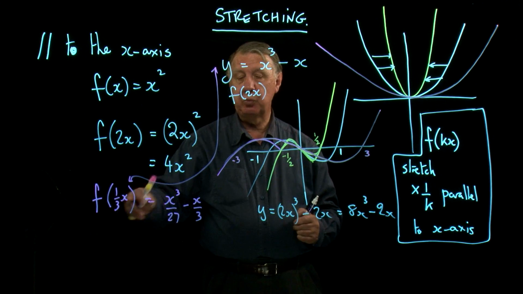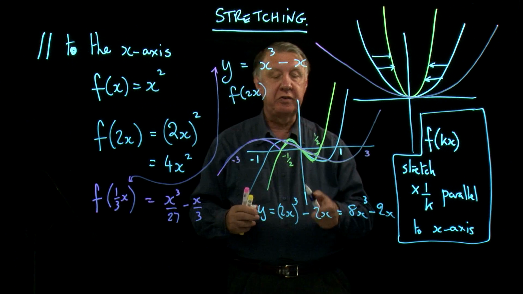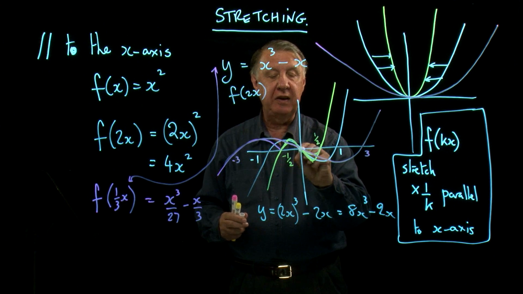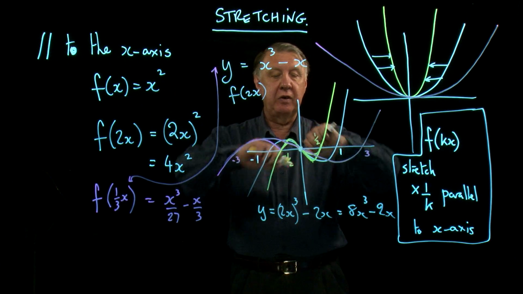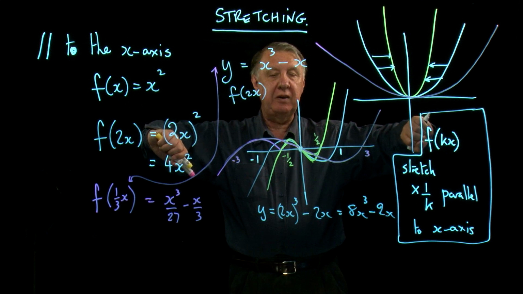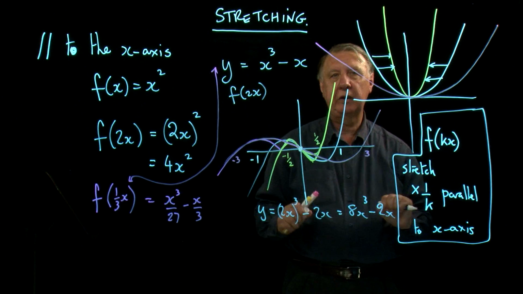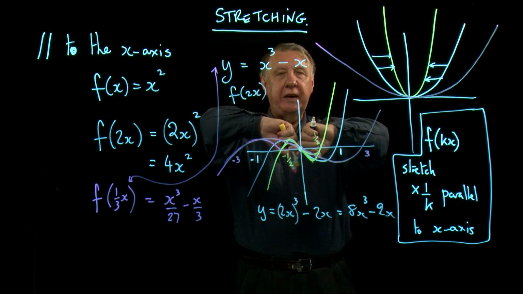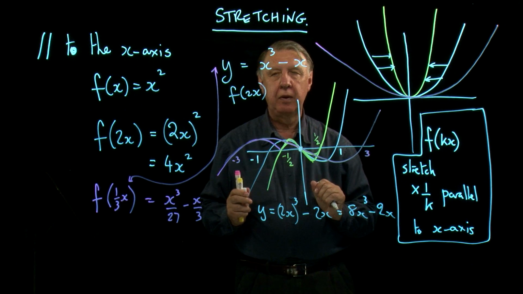If it's less than 1, it stretches. And again, you can see this is invariant. The y-axis this time, so it's pulled both ways. It's not pulled like that. It's not like pulling a curtain along. It's almost like opening the curtains or closing the curtains.